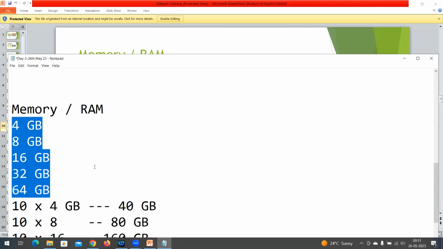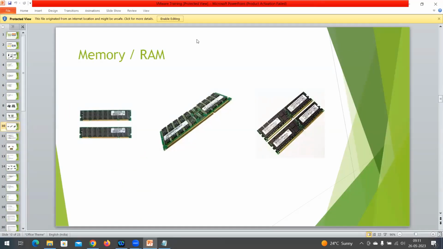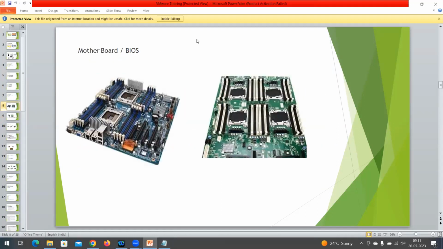For example, on the motherboard we are looking at in this picture, what memory capacity can I install? Before understanding the server architecture, we need to understand these specifications. From yesterday's session, we understood that it is a socket, where we are going to install a processor.